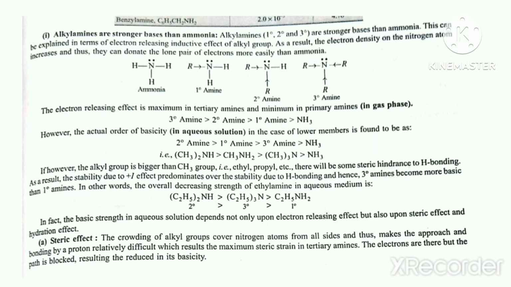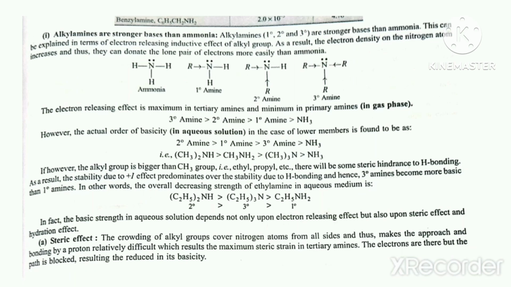Let us see ammonia, primary amine, secondary amine and tertiary amine. In the gaseous phase, the electron releasing effect is maximum in the case of tertiary amine and minimum in the case of primary amine.